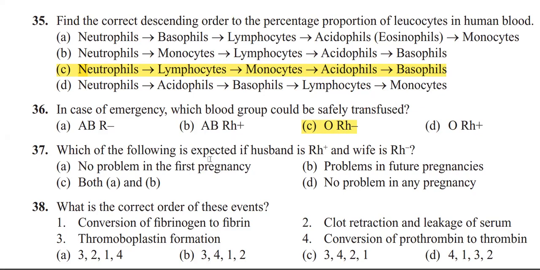No problem in the first pregnancy, problem in future pregnancies, both A and B, no problem in any pregnancy. Answer is both A and B. The first child is not affected, but the subsequent pregnancies are affected.